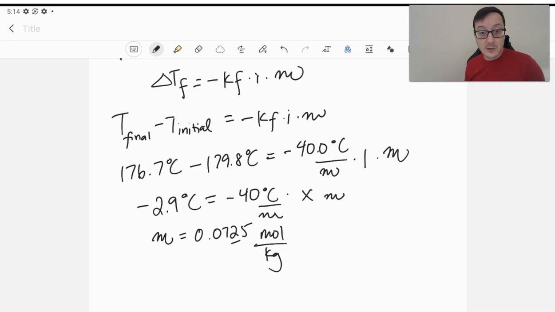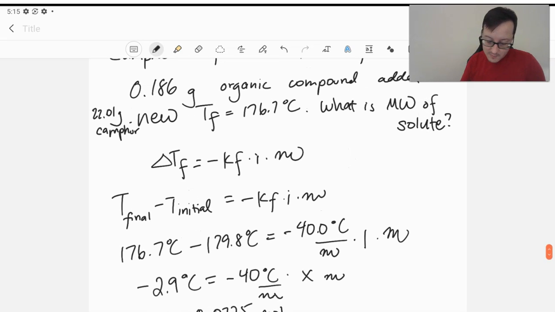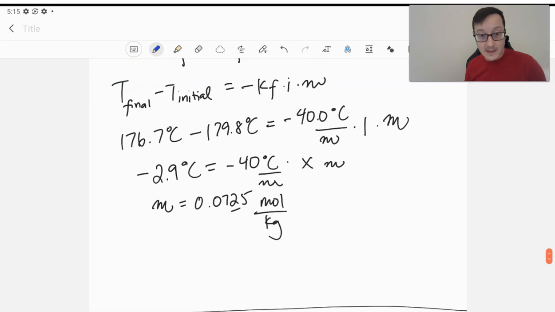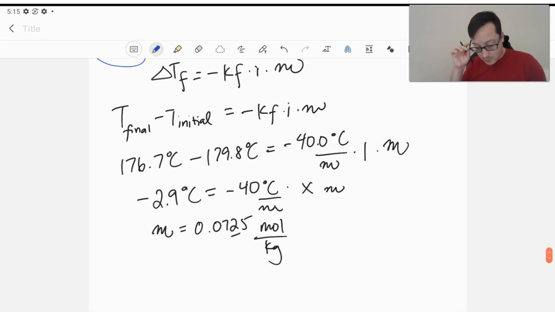We can now use this to determine the molar mass. In our problem we have the mass of solvent, which means we can put that in the kilogram spot, so we can see how many moles we have in the solution overall. That's how many moles in 1 kilogram, but we don't have 1 kilogram, do we?